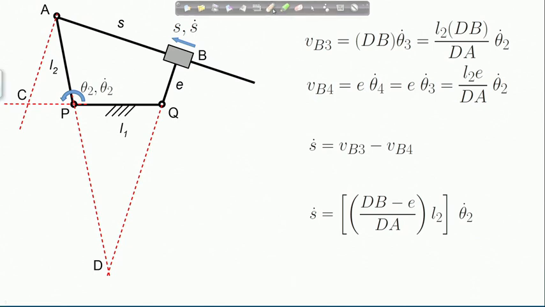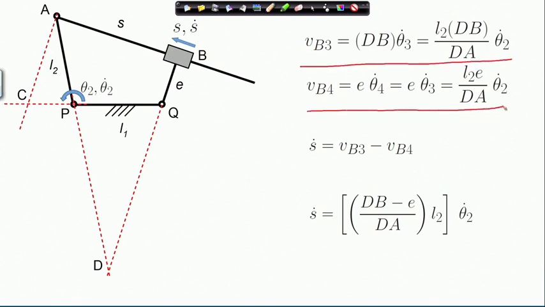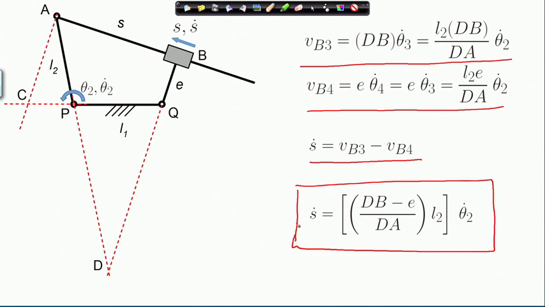Here I have rewritten these expressions of V_B3 and V_B4, and just a few slides back I showed you that S dot is equal to V_B3 minus V_B4. Therefore, S dot I can write like this in terms of theta 2 dot. Now, here we have these two as yet unknown lengths dB and dA, which we are going to now determine from geometry.